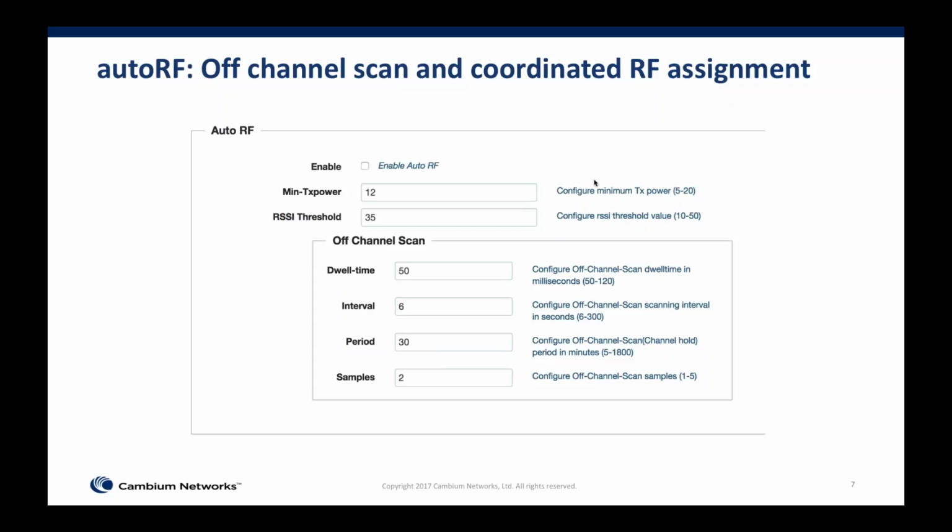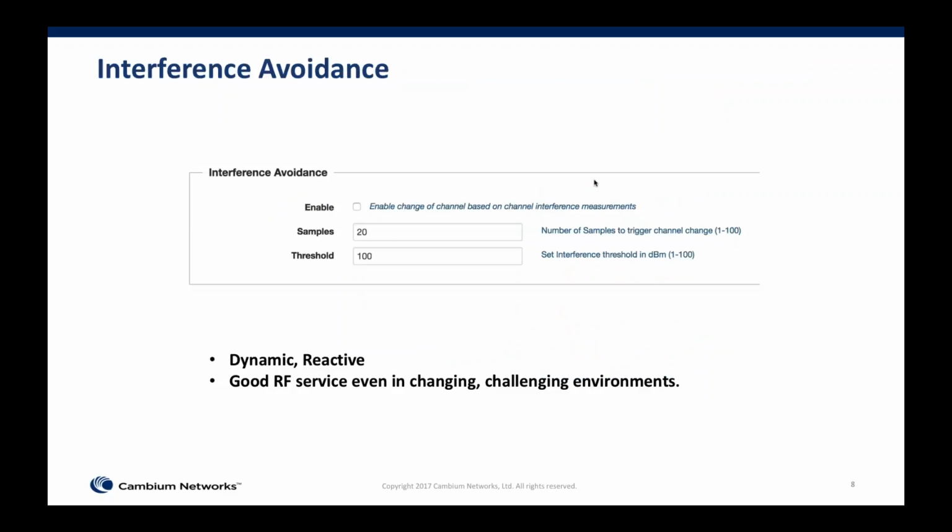So periodically each AP goes off channel, samples the air for the noise floor, for the signal strength of its neighboring APs, and then comes back to the operating channel. And by collecting these samples, all the access points have good information about what would be their optimal transmit power and optimal channel to use.